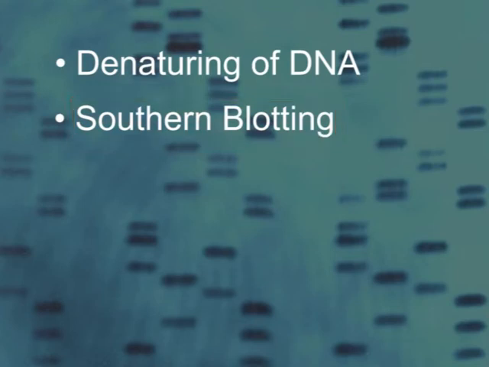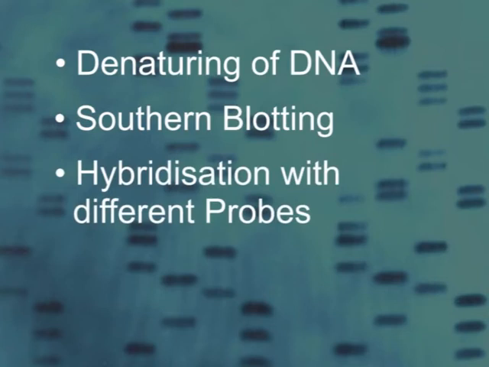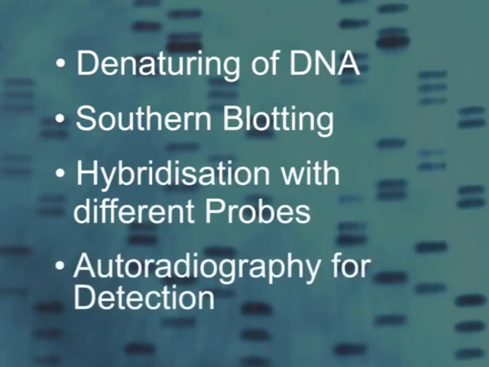Southern blotting is designed to locate a particular sequence of DNA within a complex mixture. Hybridization with different probes. Autoradiography for detection. Let us check them one by one.